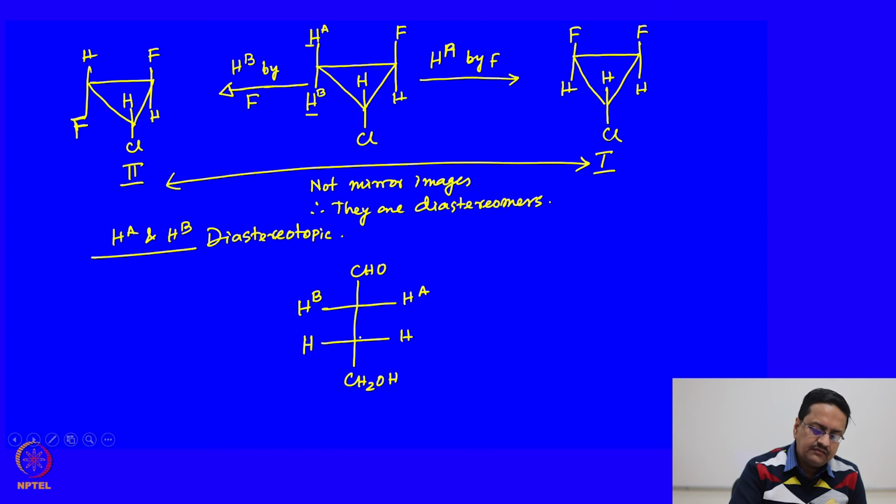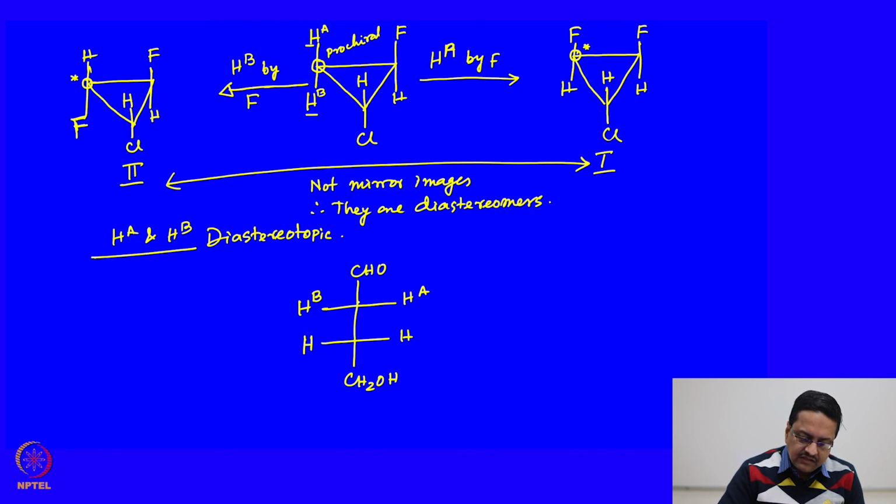See, in the previous example also, this particular center was not a chiral center, it was a prochiral center. But after replacement of fluorine, that carbon center has become a chiral center, because now you have 4 different groups attached to that.